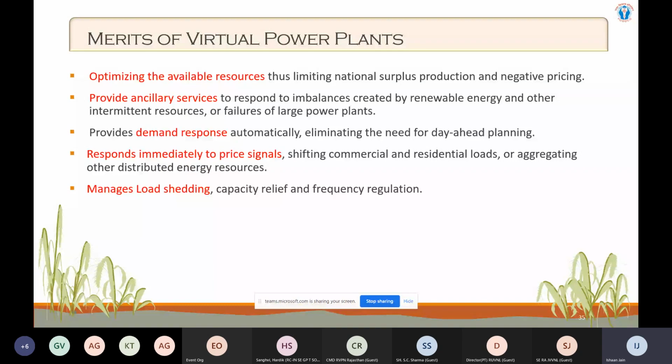If they are put off or their temperature is controlled for, let's say, 10 minutes, then you can further take the example of 10 such virtual power plants, then 100 ACs, or 20 virtual plants. In that way, some 10 megawatt, 100 megawatt, whatever, you can give relief in that particular peak period, which is really very helpful to manage the grid.